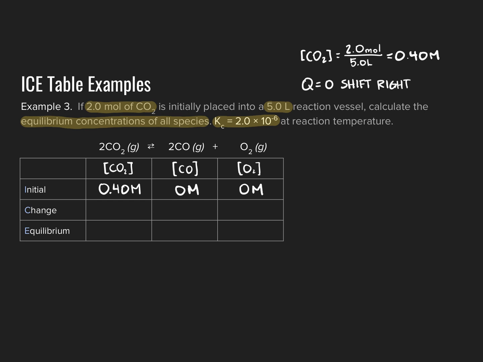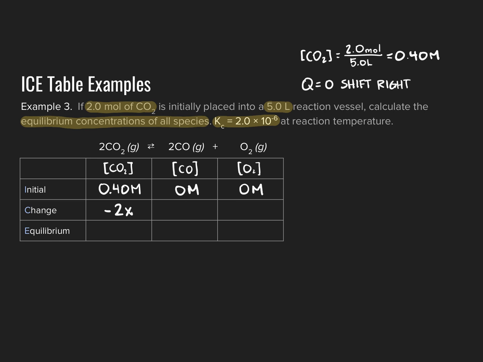So I'm going to define my change in concentration now as, for the species CO2, a change in concentration of minus 2x moles per liter. Again, I need to pay attention to the coefficients from the balanced equation to determine the relative changes in concentration of each of these species.